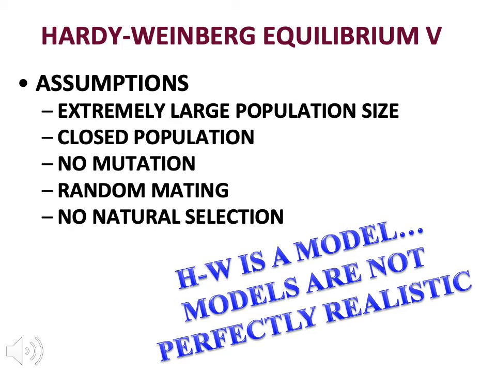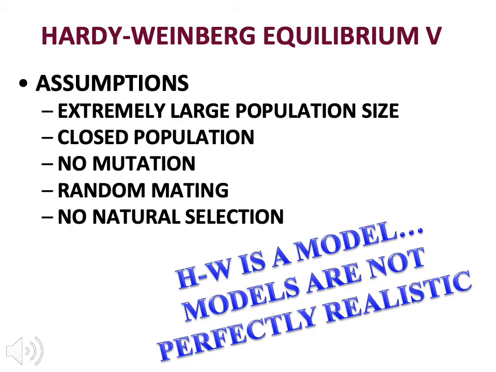Hardy-Weinberg assumption number two, our population is a closed population. A closed population sees no new alleles coming in, and there are no alleles going out. Anything that's affecting the change in allele frequency in the population is within the population itself. We can't have any outside influences.